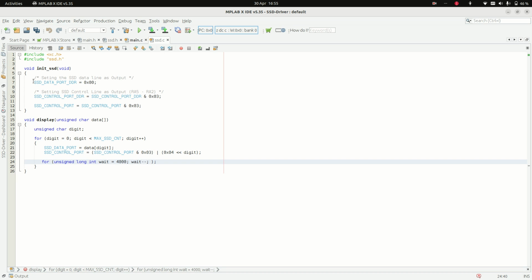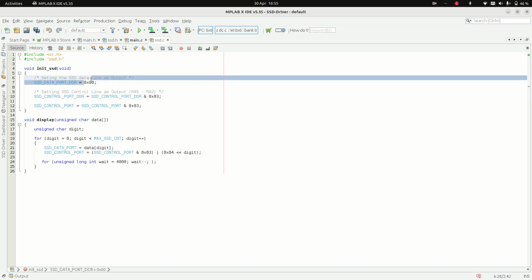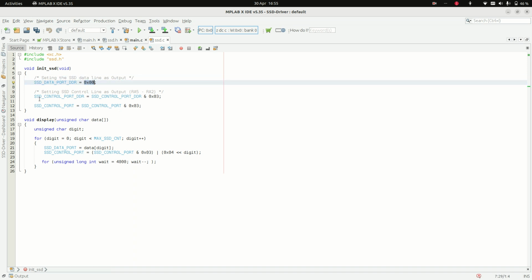Here you can see setting the SSD data lines as output, 0x00, and setting the SSD control line as output. And SSD control port equals SSD control port AND 0x03.